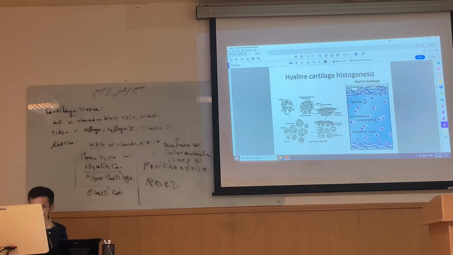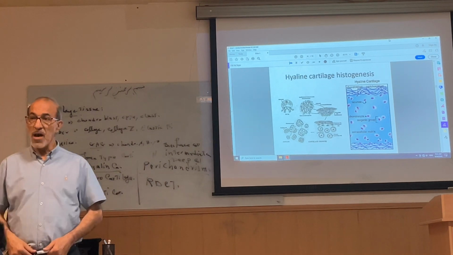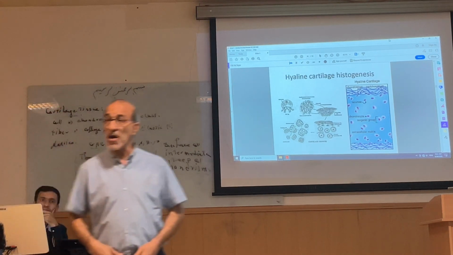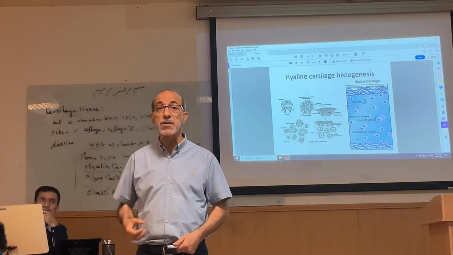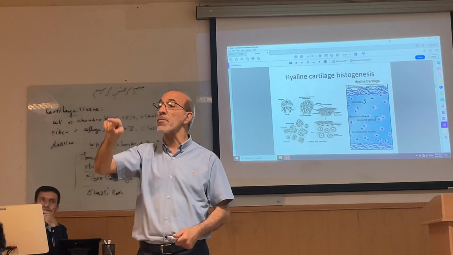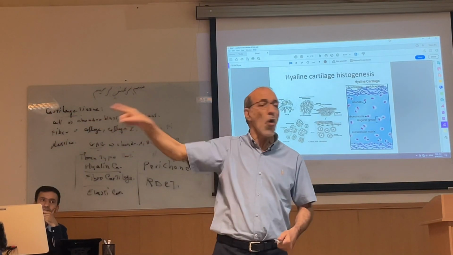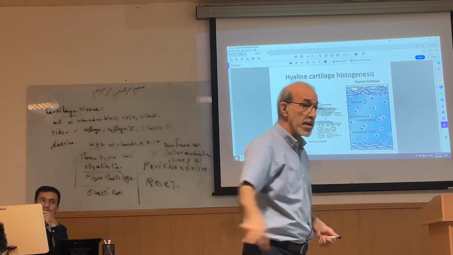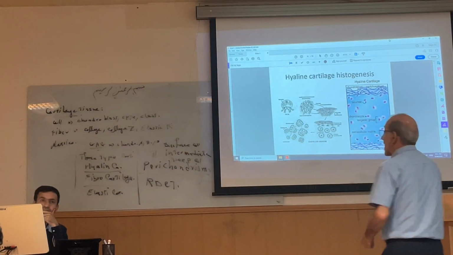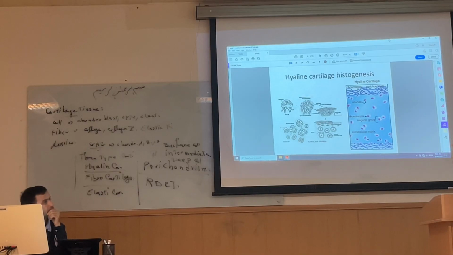Okay? Chondrocyte can go back, chondroblast can go back, fibroblast can go back to mesenchymal. Why? Because this ability is observed only in connective tissue. Only.